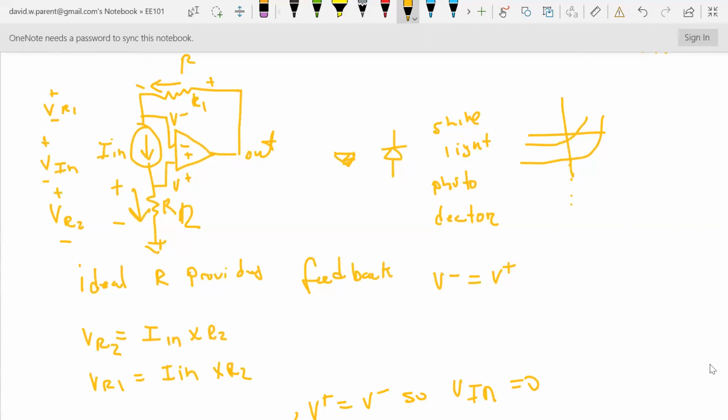Any questions before I let you go? All right, well, here's the thing. All right, so the question is shining a light in an LED? Well, LEDs emit light, but if you shine light on them, it will generate current.